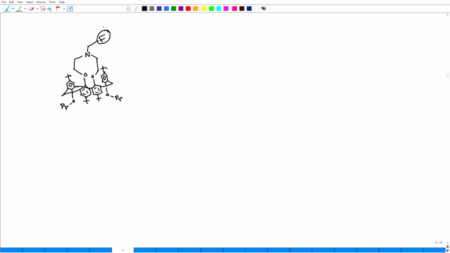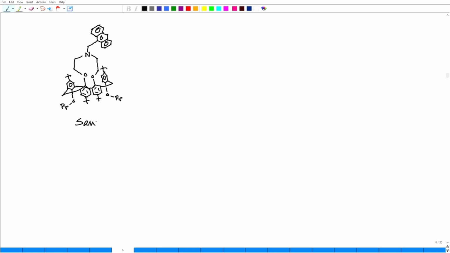I will write the fluorophore. The fluorophore is anthracene. So, in this pocket only lithium goes. I am just telling you different sensors. These are called sensors because they sense lithium.